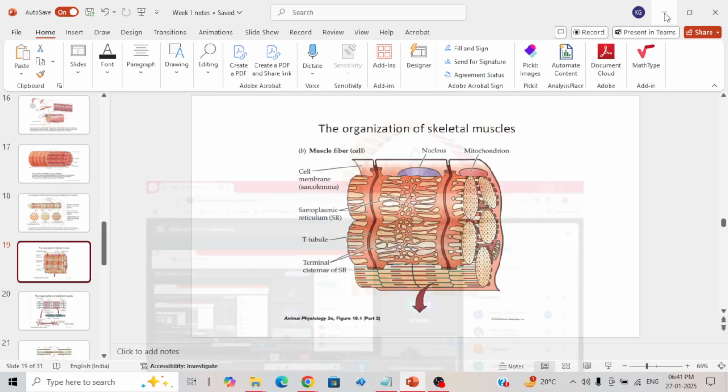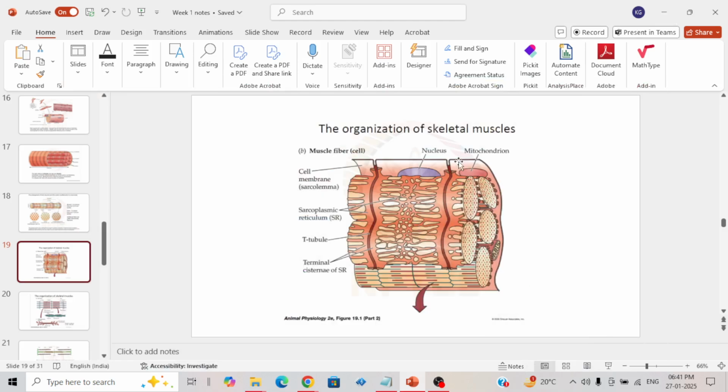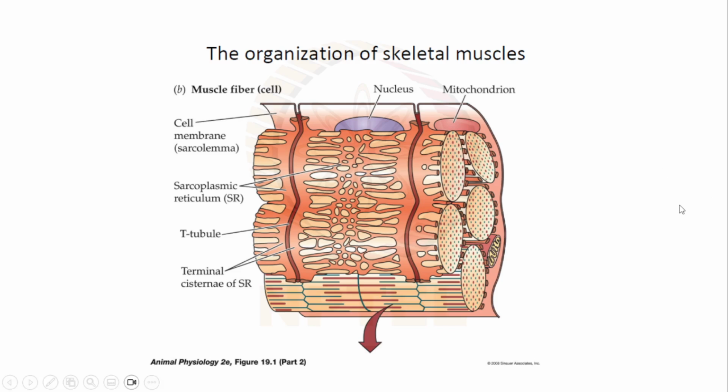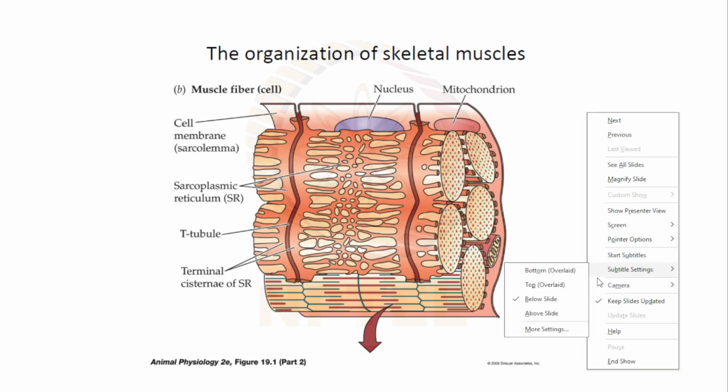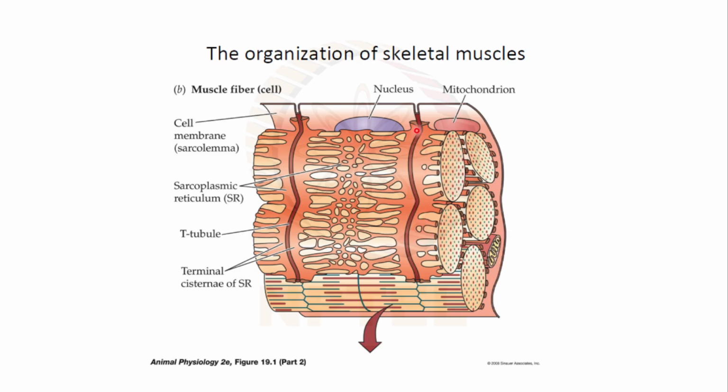So this sarcoplasmic reticulum, and if you can see this tube-like structure here, these are T tubules. The function of these T tubules is to activate the sarcoplasmic reticulum, signalling that there is an action potential and the muscle must contract now.